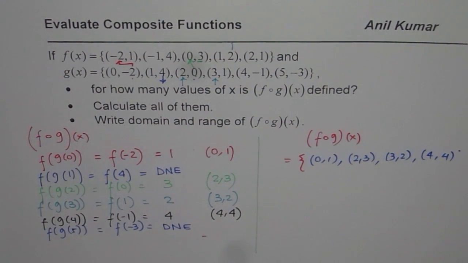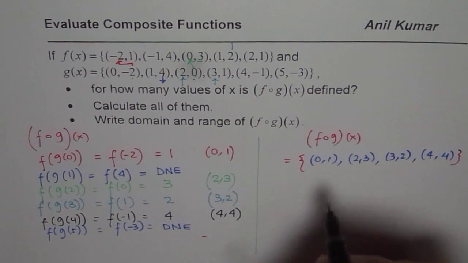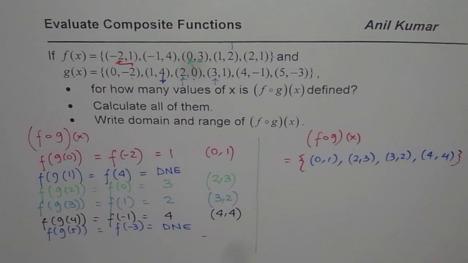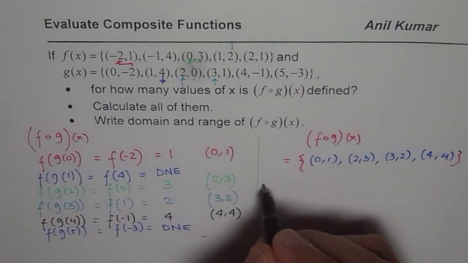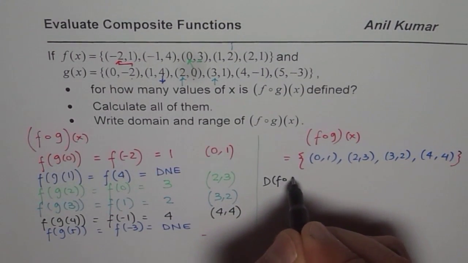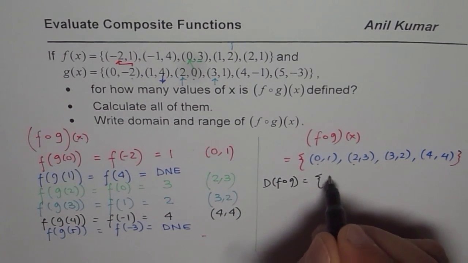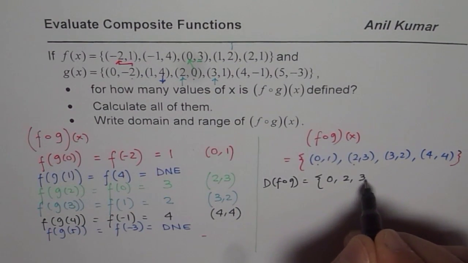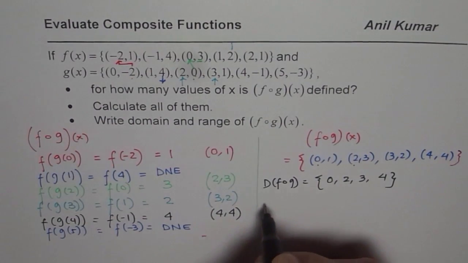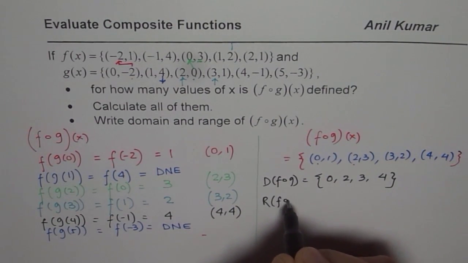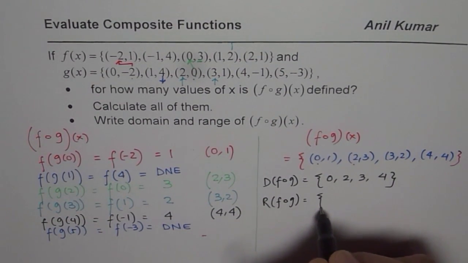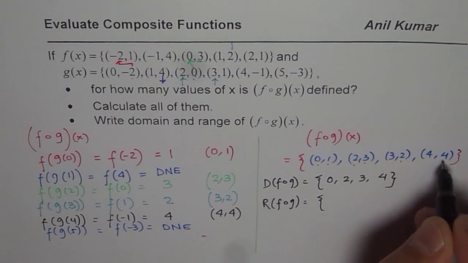Now for that we can write the domain and range, correct? So for this function we have the domain of f of g equal to the x values 0, 2, 3, and 4. The range of f of g is equal to 1, 3, 2, 4.